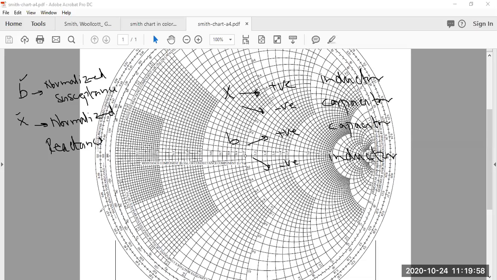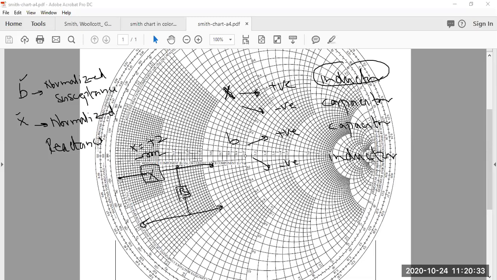So if you remember when I was talking about that L network, which consists of X and B, whether this X is a capacitor or inductor, the sign of this number will tell you. In case this X comes out to be +2, then it means we have to use an inductor over here.